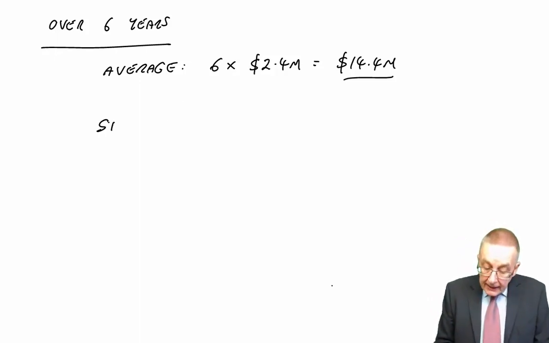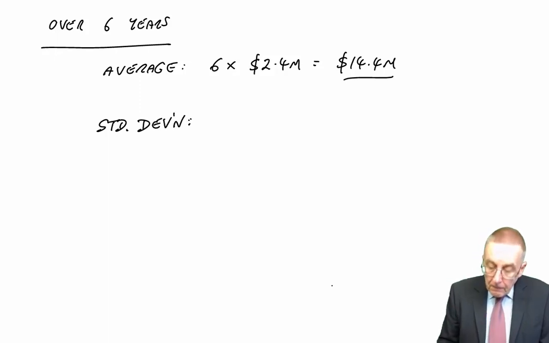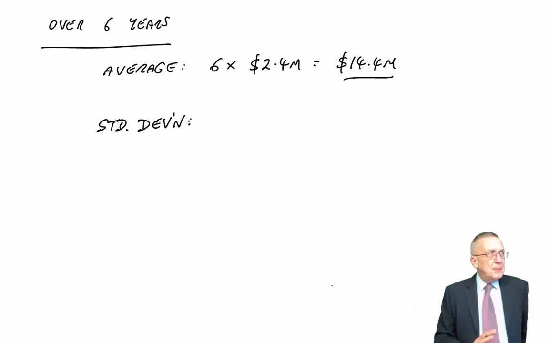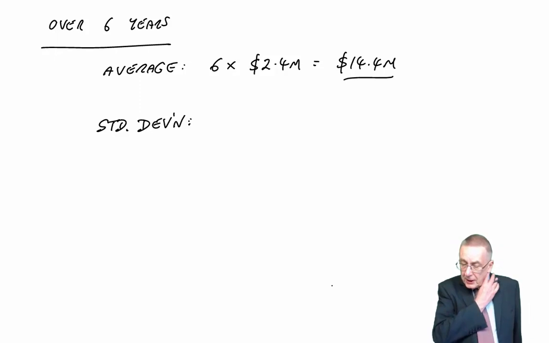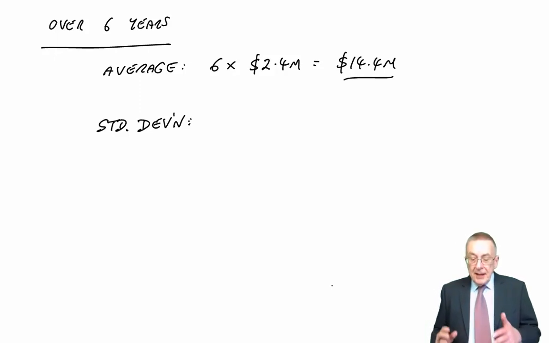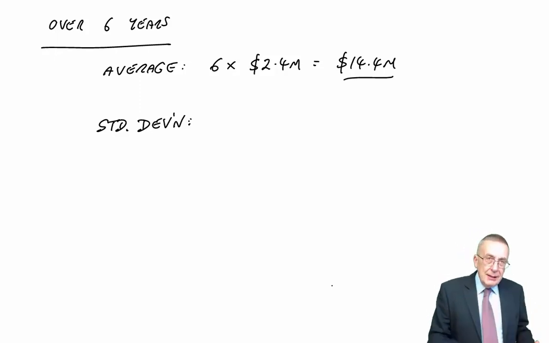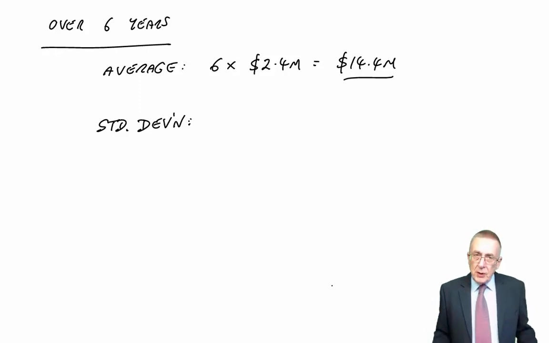Well, here, one extra little bit. Again, if you've worked through other chapters, portfolio theory, for example, I think you'll know this. But with standard deviations, you can't simply say the standard deviation over 6 years is 6 times the standard deviation over 1 year.